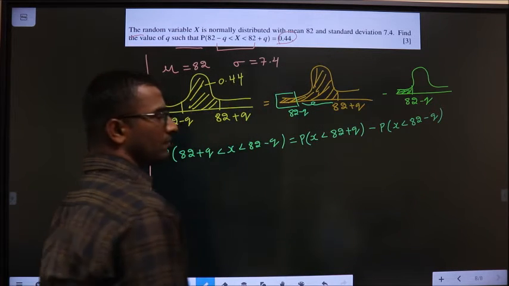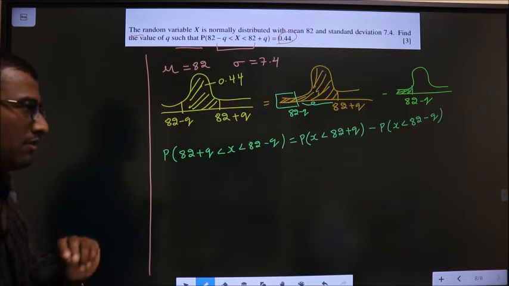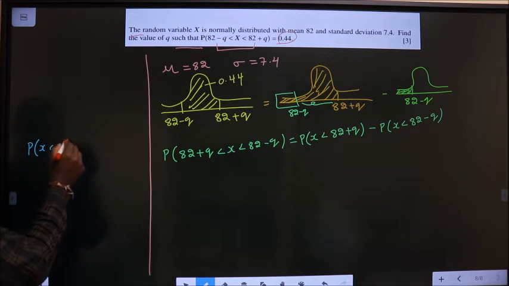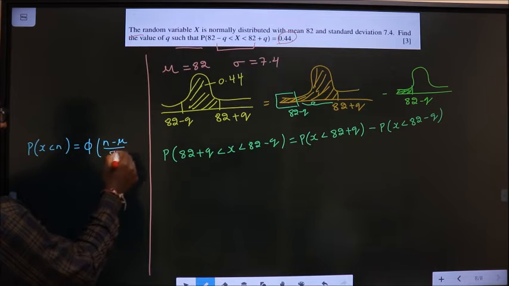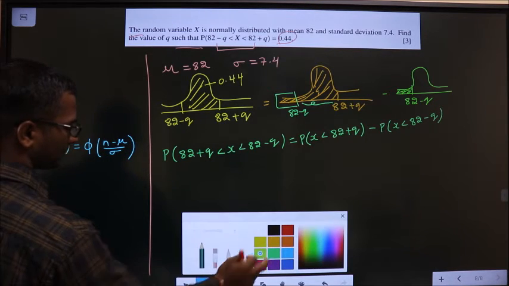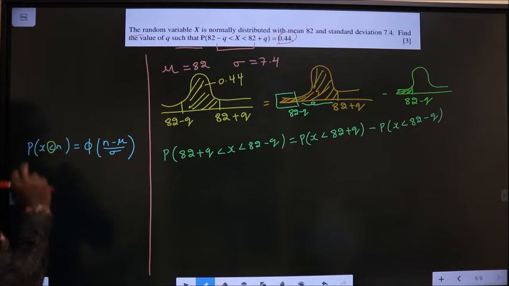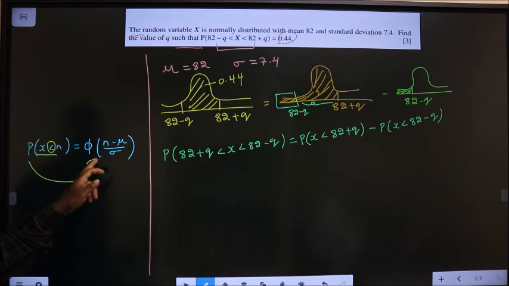Now in every normal distribution question we have to make use of this: P of x less than n is nothing but phi of (n minus mean) by standard deviation. Here you should check the symbol. Whenever it is less than, P will get converted to phi. Clear?